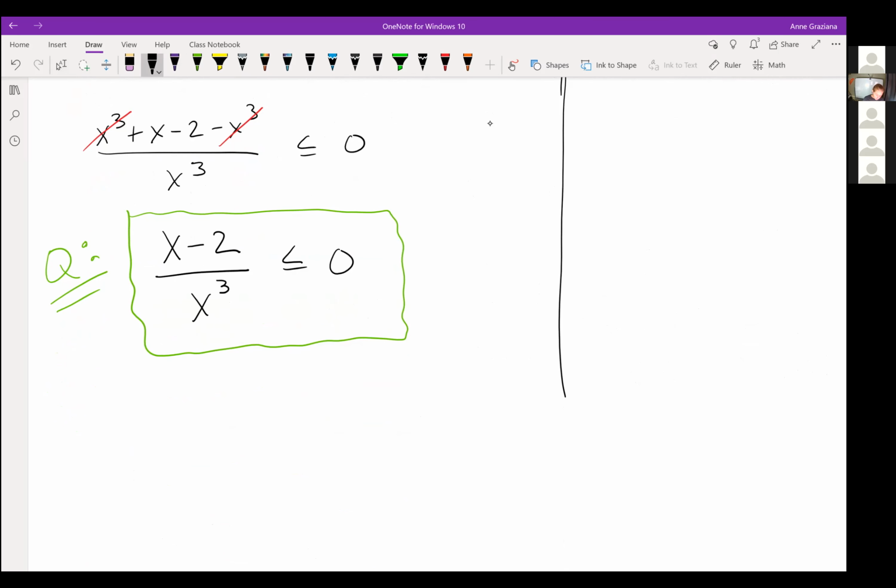We're asking for which intervals of inputs will the outputs be what? Negative. Be negative or 0.